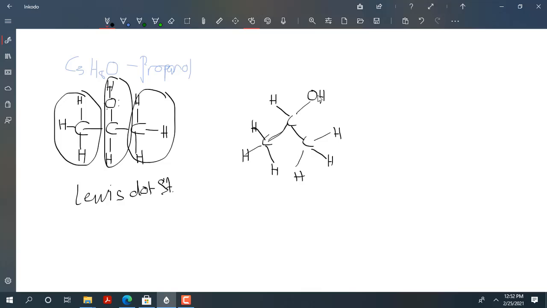Remember last time we inspected the octet rule for carbon, because it belongs to group 4. It should have 4 valence electrons: 1, 2, 3 shared with hydrogen, and the other one shared with the carbon at the center.